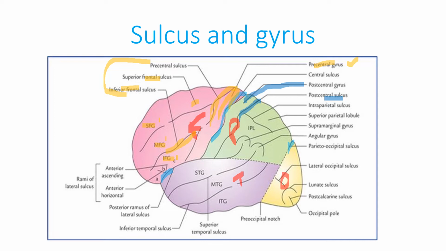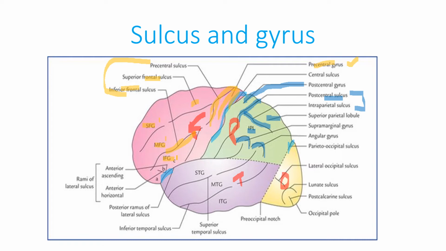In the parietal lobe, there are two sulci, postcentral sulcus and intraparietal sulcus. This one is the intraparietal sulcus. Superior to the intraparietal sulcus is the superior parietal lobule, and inferior is the inferior parietal lobule. This one is the supramarginal gyrus, and here is the angular gyrus.